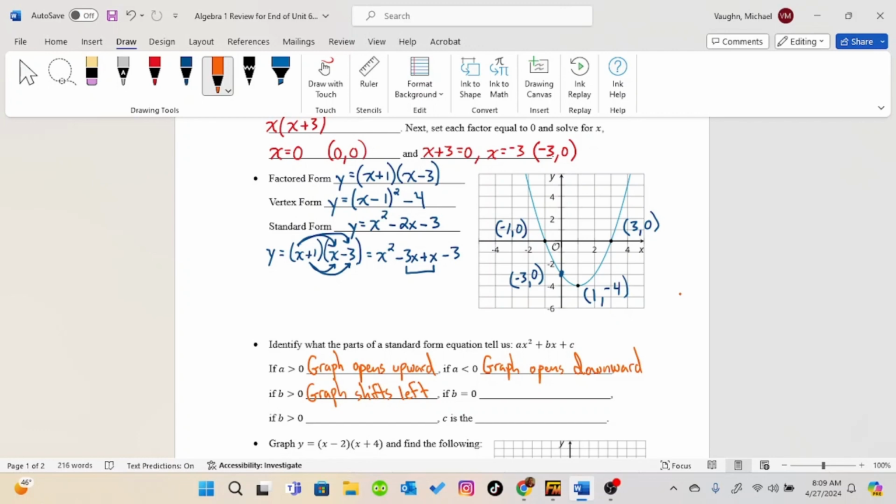If b equals 0 and we don't have a bx term, this tells us the graph is centered on the y-axis.